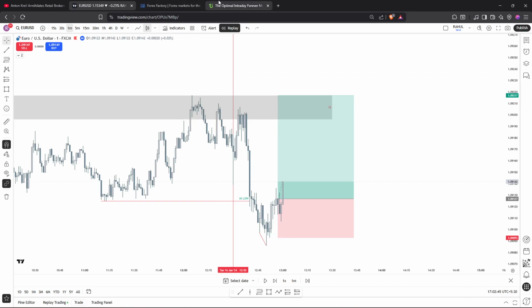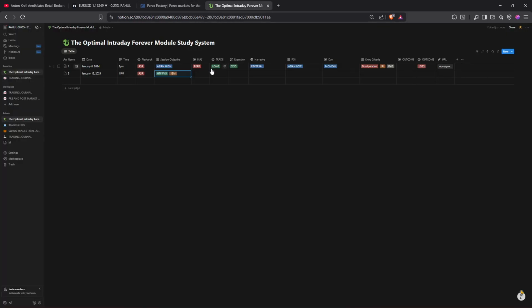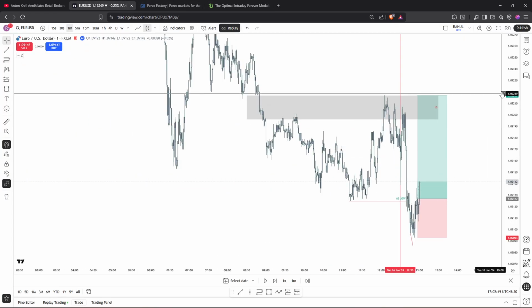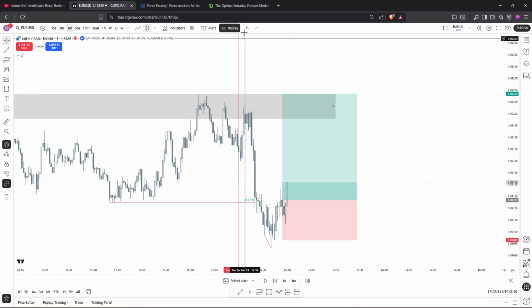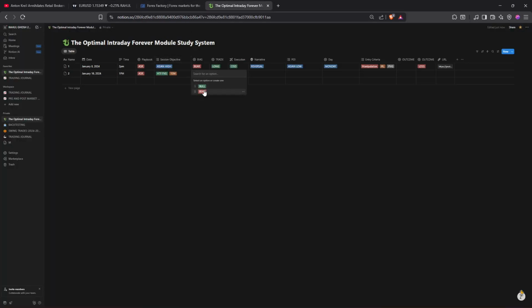Or pass, pass is definitely bearish. Trade and trade now. Execution CRHP. Narrative reversal. POI Asian low. Today is Tuesday.